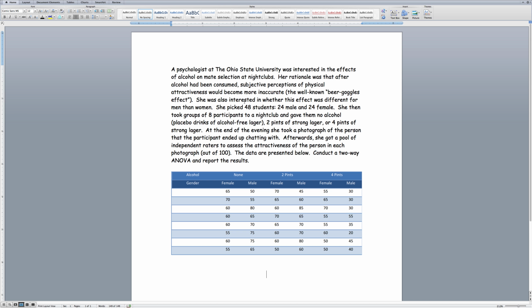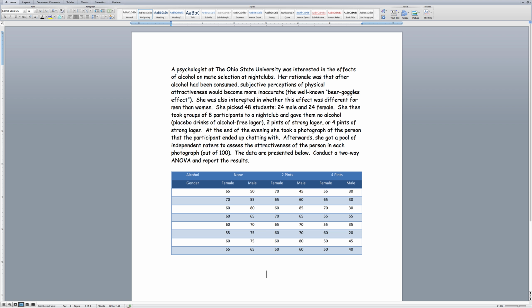So it looks like she picked 48 students. Hopefully these were randomly selected. 24 males and 24 females. Now you can see that she took 8 participants to a nightclub and gave them a placebo. 8 got 2 pints of strong lager, and 8 got 4 pints of strong lager.